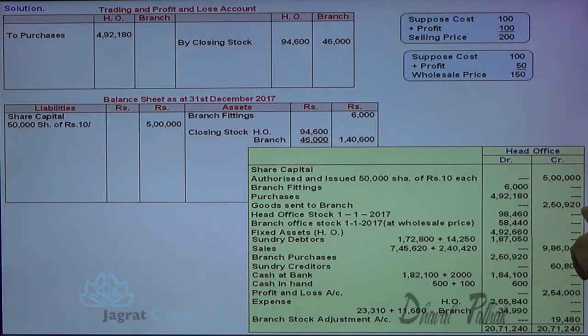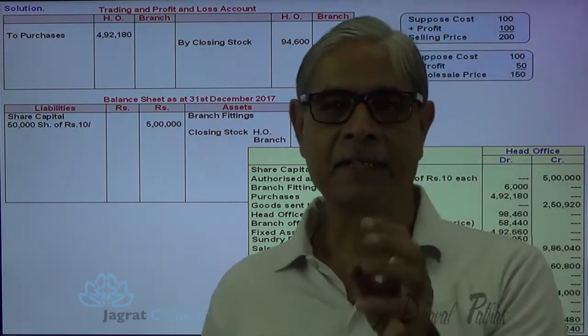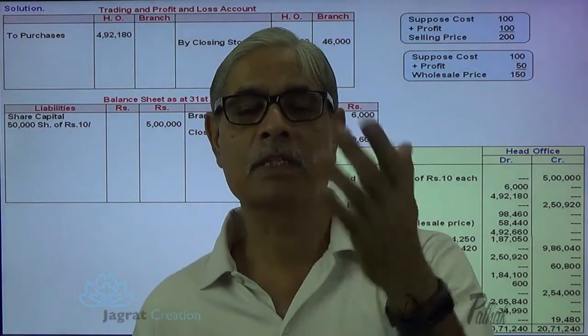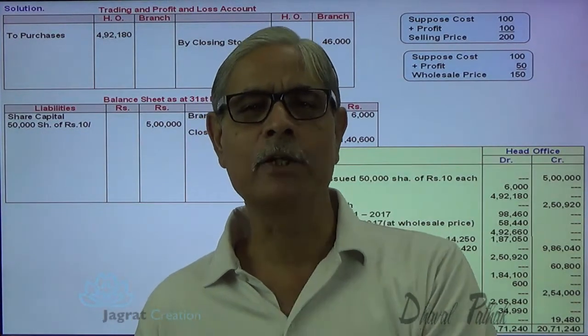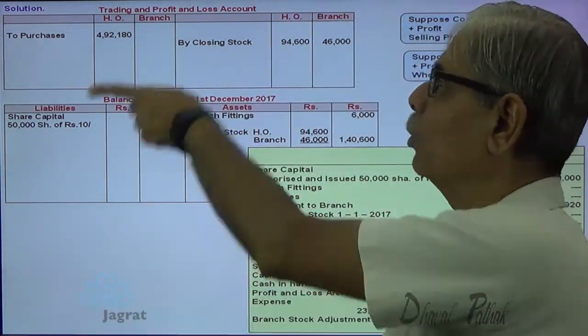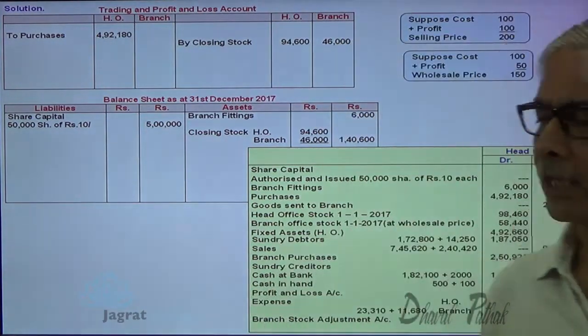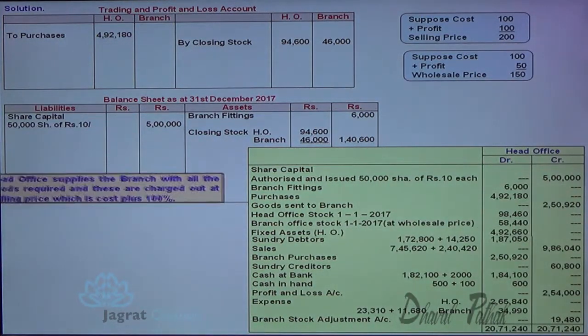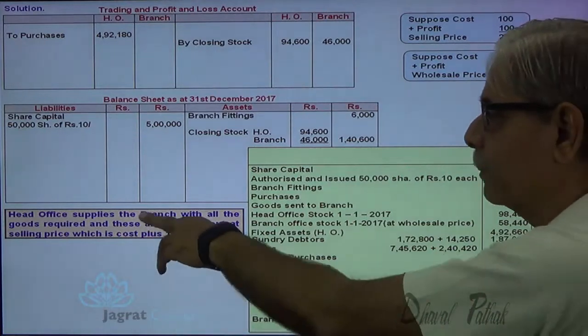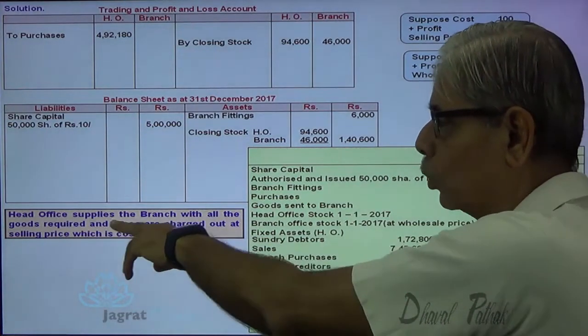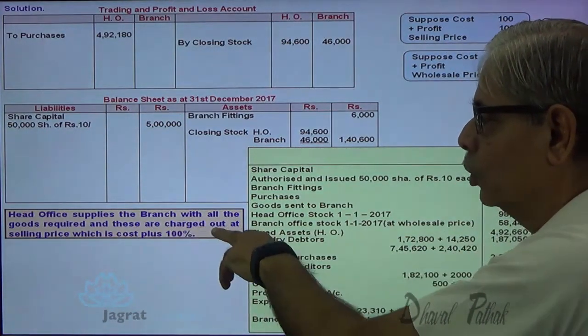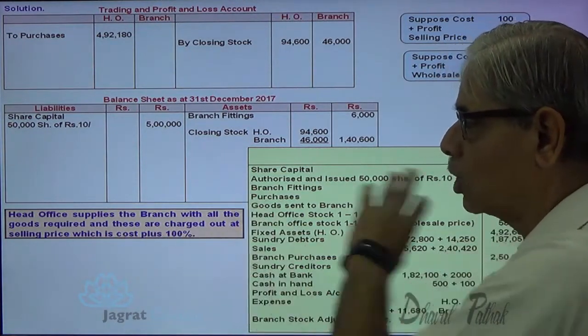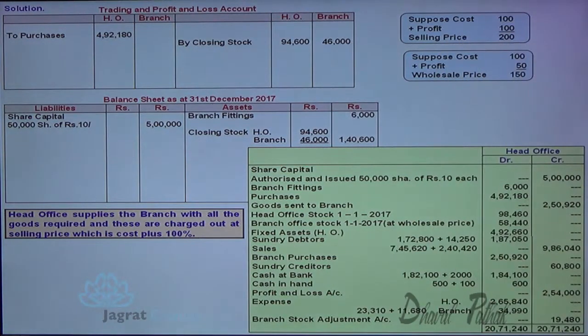Now goods sent to branch and branch purchases, they are at the invoice price, cost plus 100%. So let me reduce that to cost, because I am going to prepare this trading and profit and loss account at cost. So head office supplies branch with all goods required, charged at selling price which is cost plus 100%.